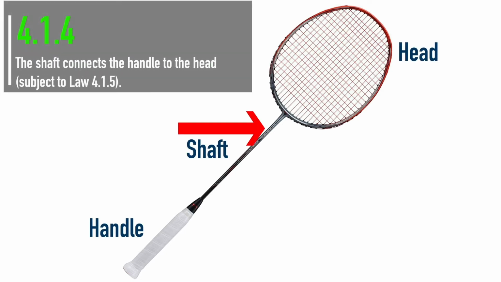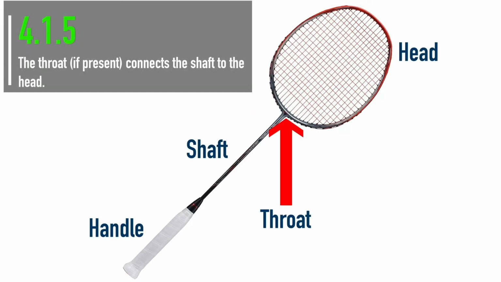The shaft connects the handle to the head, subject to law 4.1.5. The throat, if present, connects the shaft to the head.